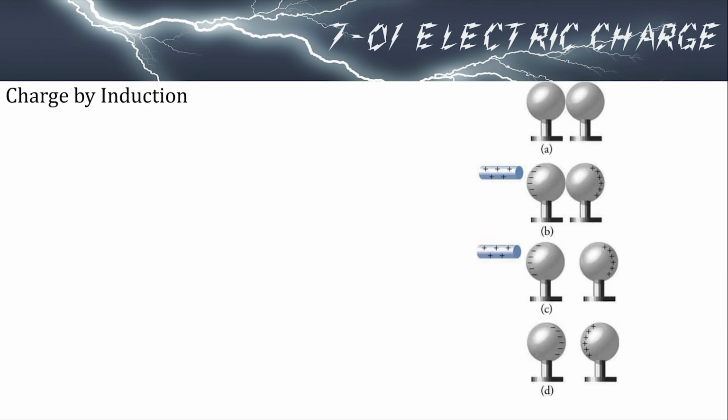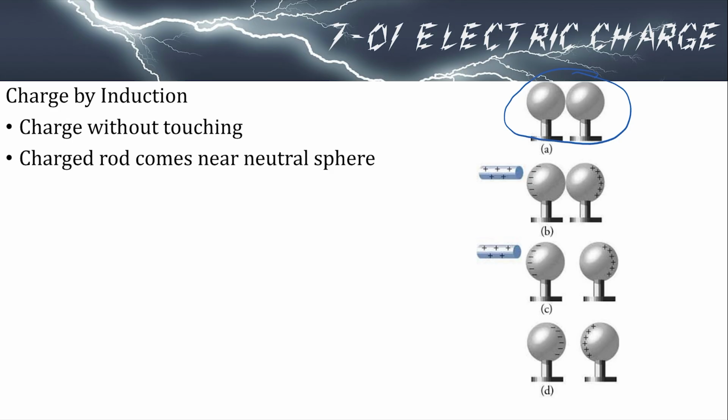We can use that basic idea to charge by induction, which is charging without touching. So we have two spheres. They are touching each other and they are both neutral. It's a metal sphere on a plastic rod, so it's an insulated metal sphere. A charged rod comes near one of the spheres.